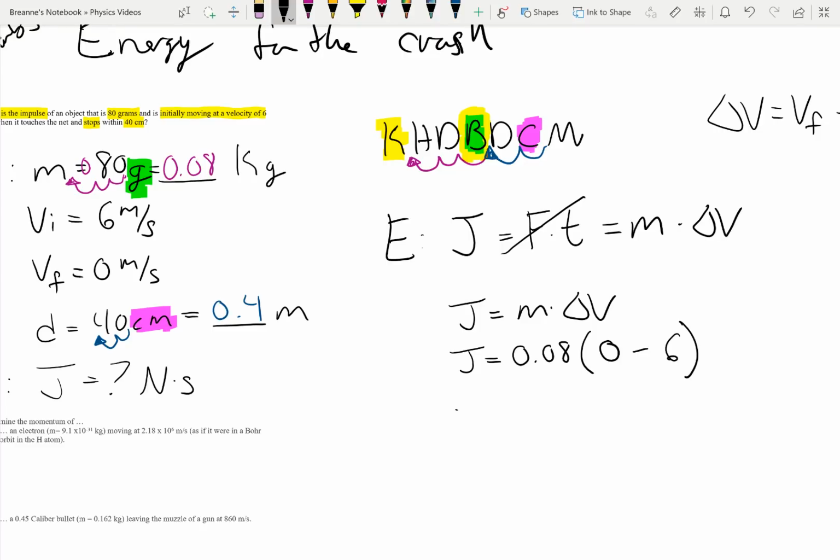We have to do parentheses first, so that will give us a -6. To find our impulse, we grab our handy dandy calculator and go 0.08 times -6. That will give us -0.48 kilogram meters per second.